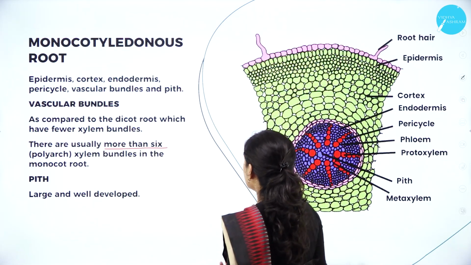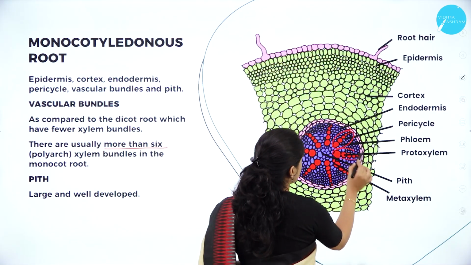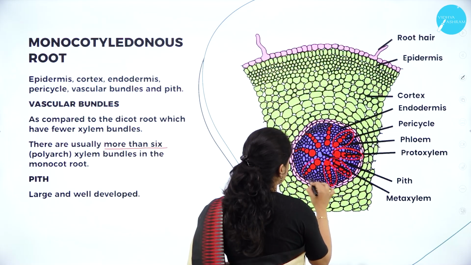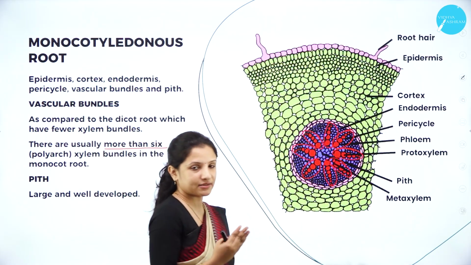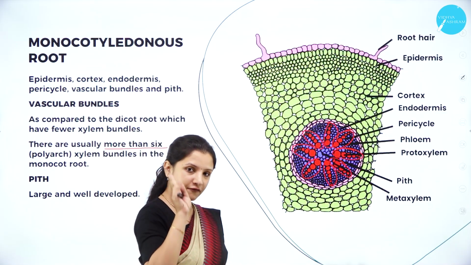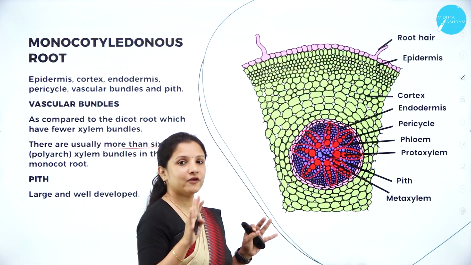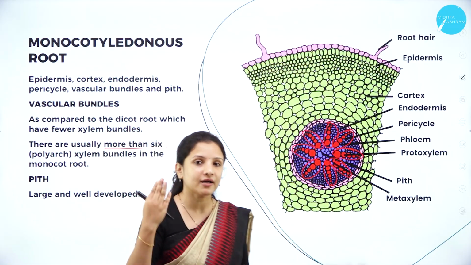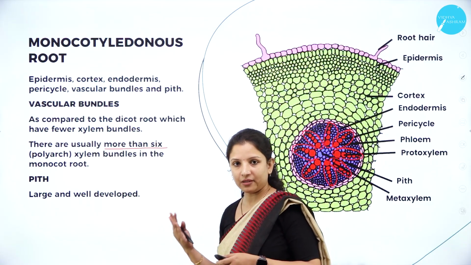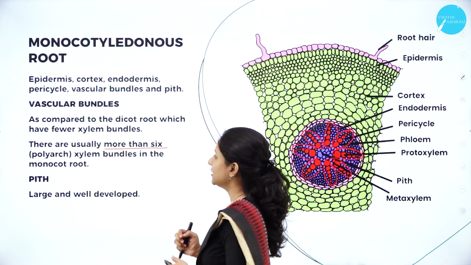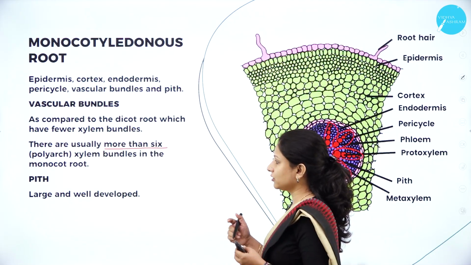If you can see here, 1, 2, 3, 4, 5, 6, 7 and 8. It is more than 6. So dicots have only 4 xylem, 4 phloem, but monocots have the polyarch xylem condition, that is, more than 6 xylem bundles are present. That is one of the main differences between the monocot and the dicot root.